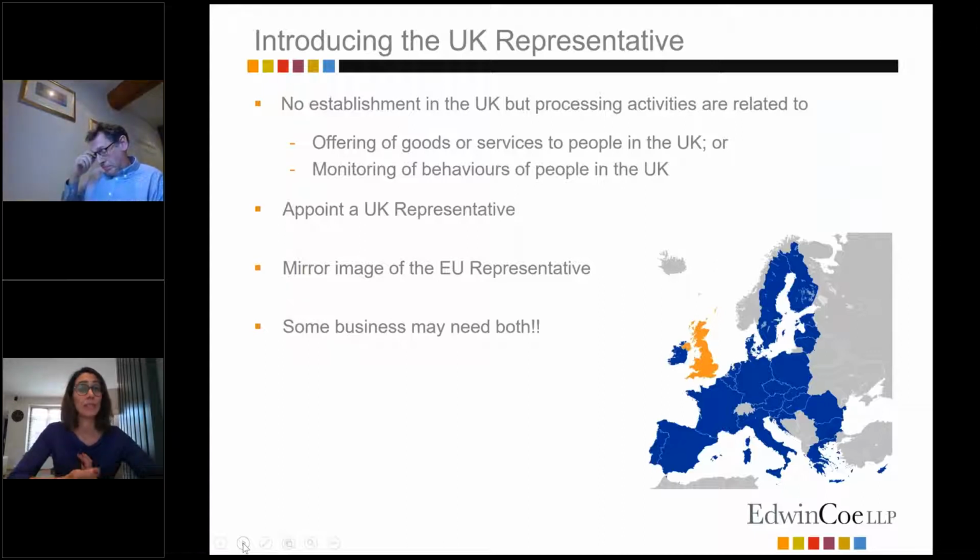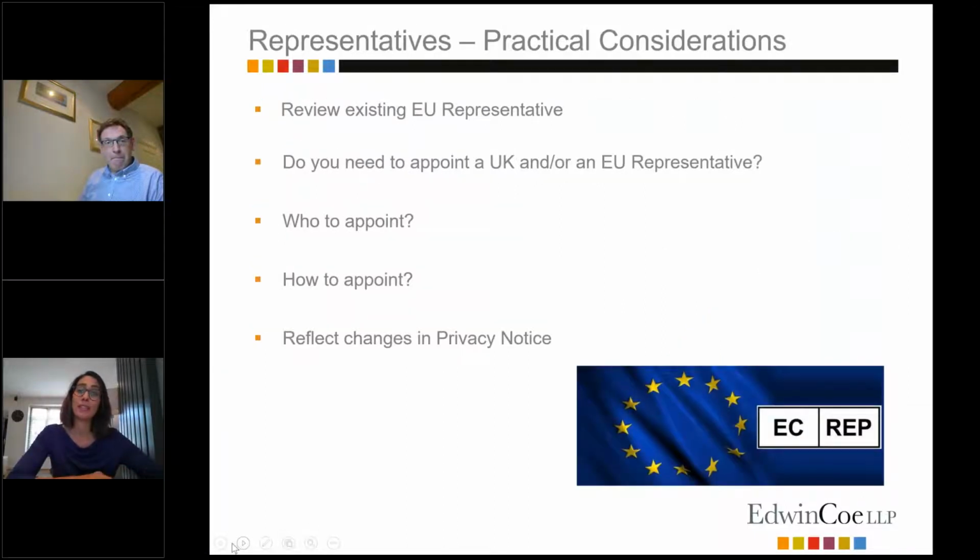It follows from this that if you're not established in the EU or the UK, so for example, you are a US business and you are offering goods or services to individuals in the UK and the EU, then you will need to appoint both a UK representative and an EU representative. The requirements of appointing a UK representative under the UK GDPR mirror the requirements under the EU GDPR. So we'll look at these next.